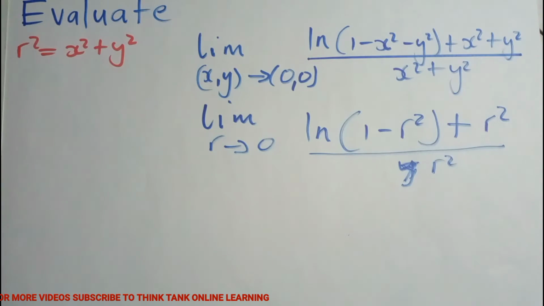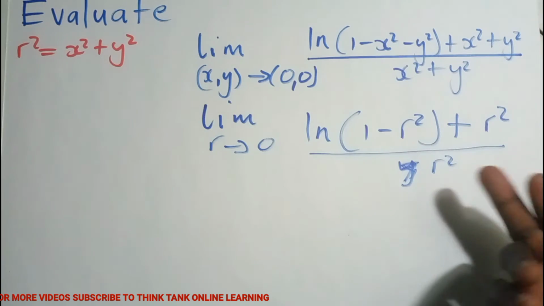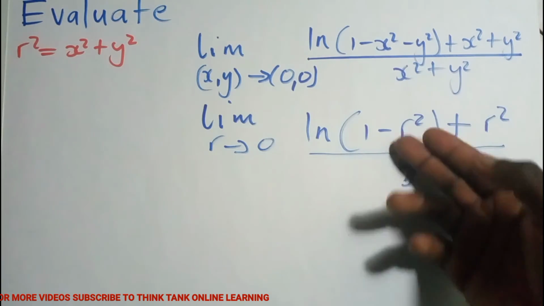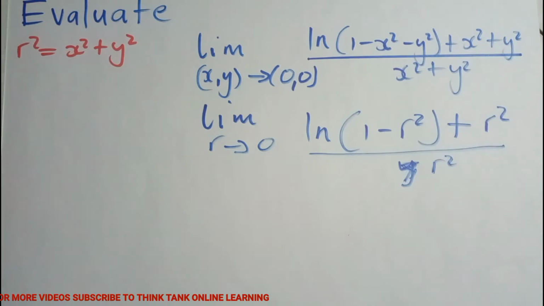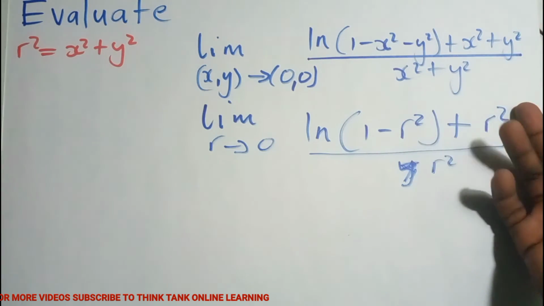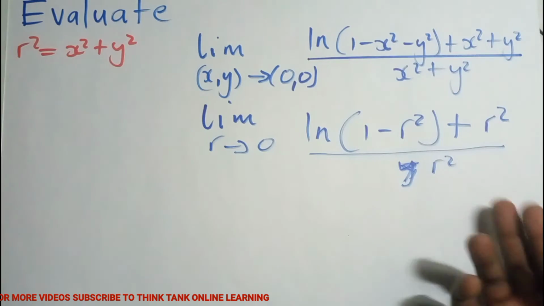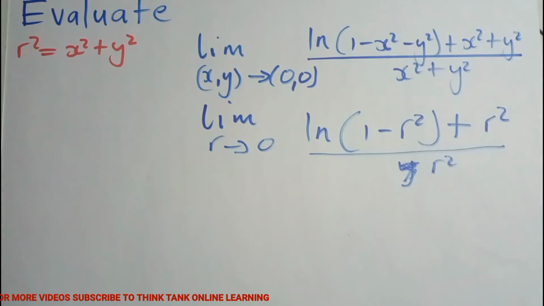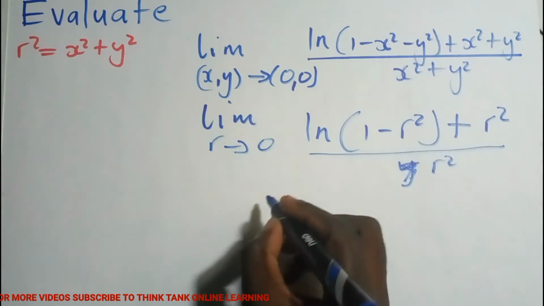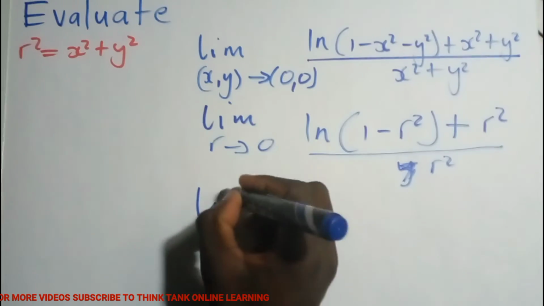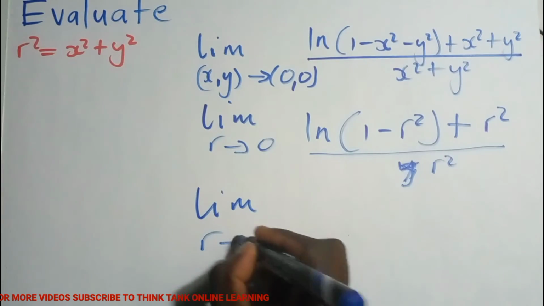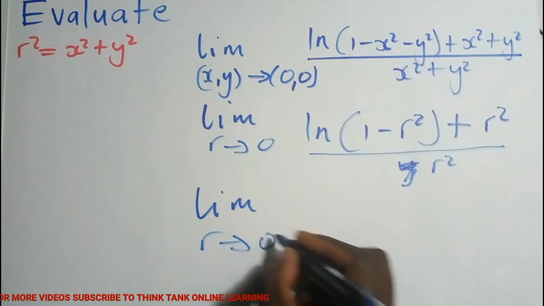Now we have a single variable, just r. So now we can use L'Hospital's rule. We differentiate the numerator with respect to r and the denominator with respect to r, until we find the limit. If we differentiate, we get the limit as r approaches 0.